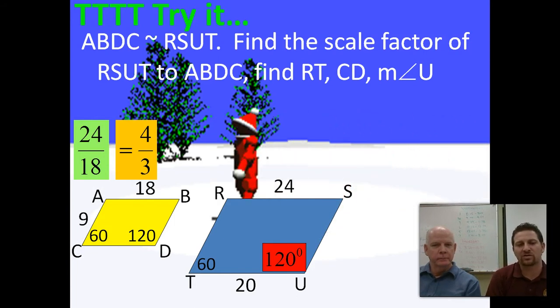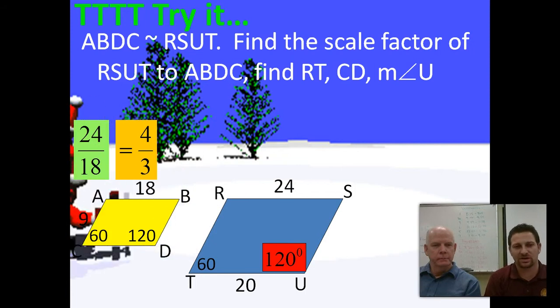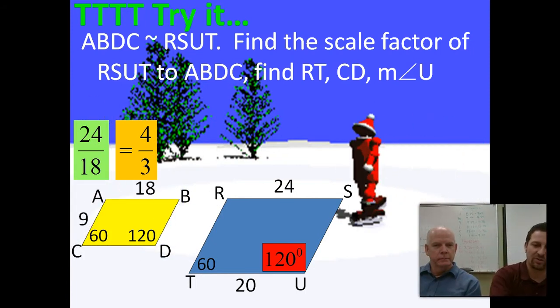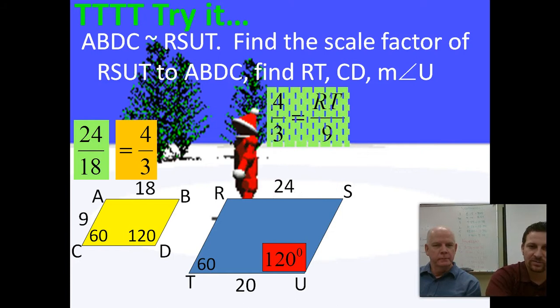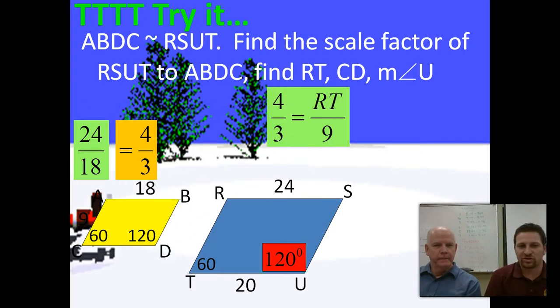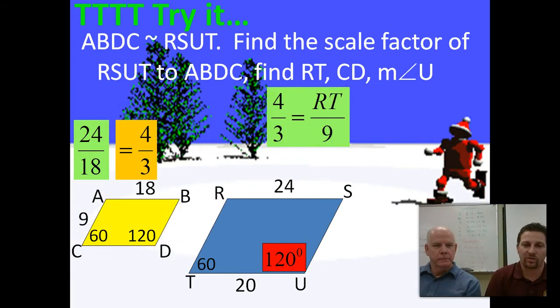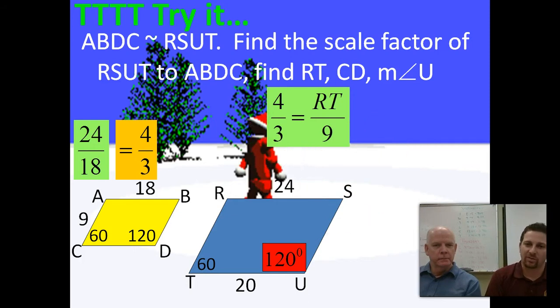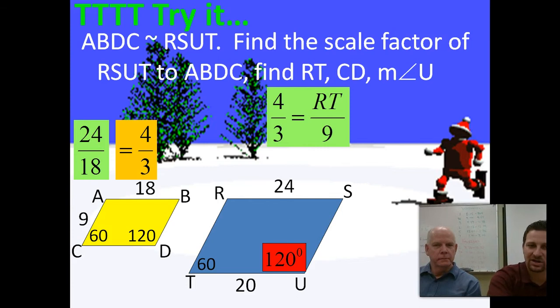RT is the corresponding side to AC, and since the bigger one is on top and the smaller one on the bottom, we can say 4/3 is equal to RT over 9. We've got the scale factor in the front, equal to the side we're missing over the corresponding side on the similar polygon, which is 9.